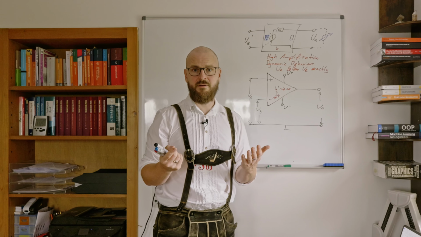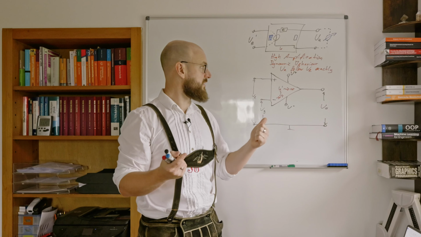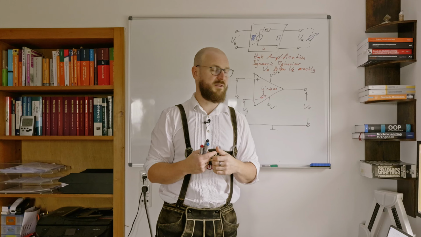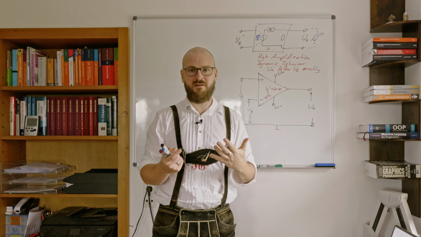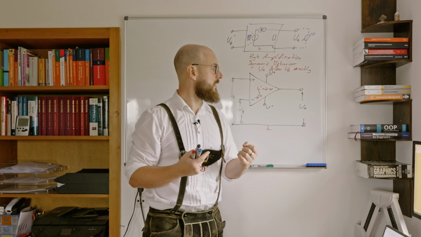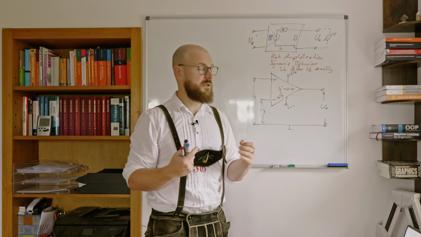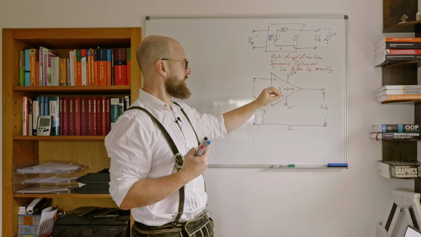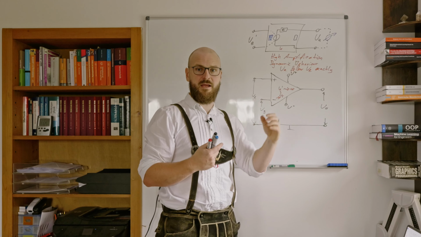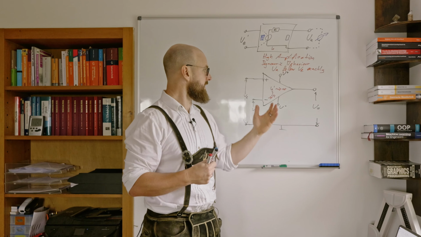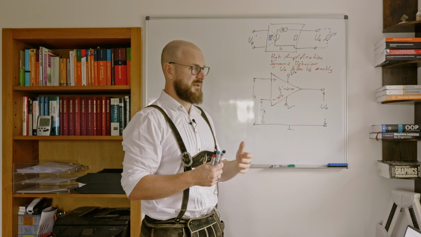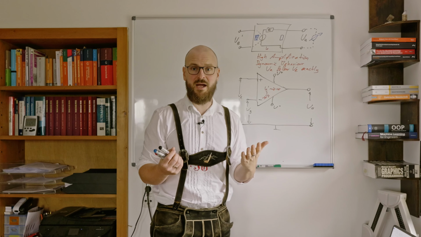That's too much. Having 1 volt, I would have an output voltage of 1 million volt. That's not usable at all. But as I said, normally you don't use that large amplification factor.